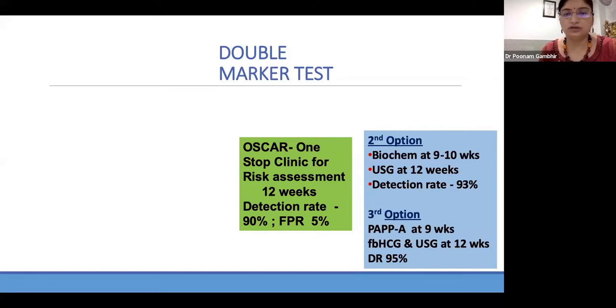That is also the right time for that scan, and a reasonably good time for collection of the serum sample. Together this gives a detection rate of 90% with a false positive rate of 5%.